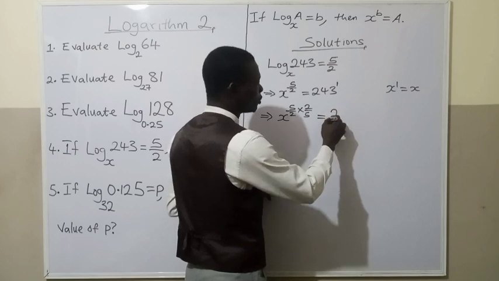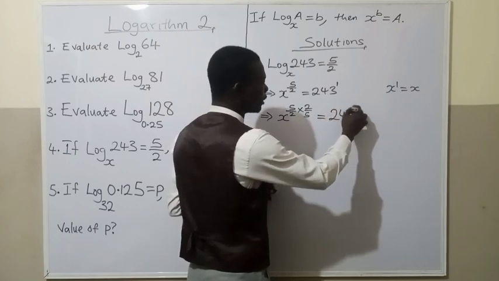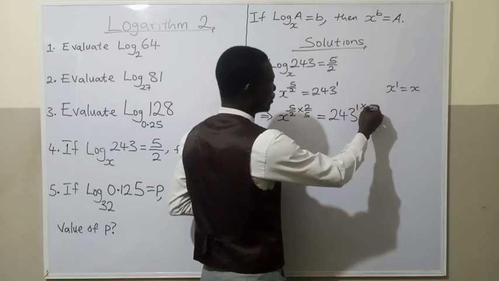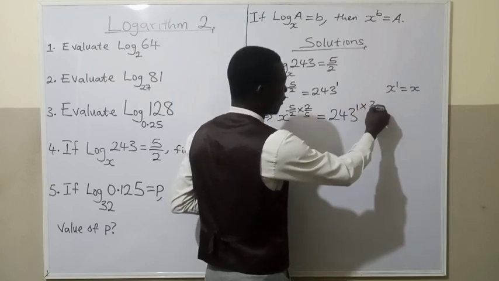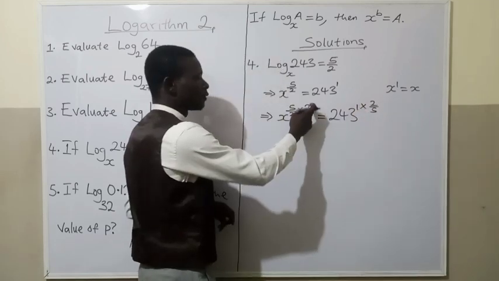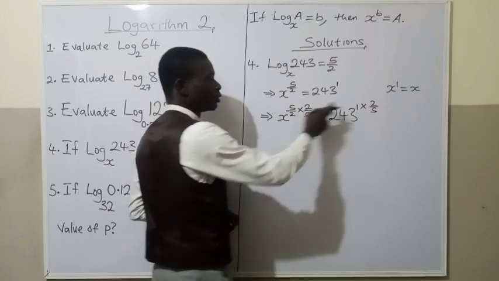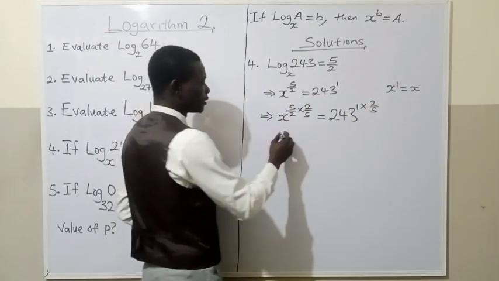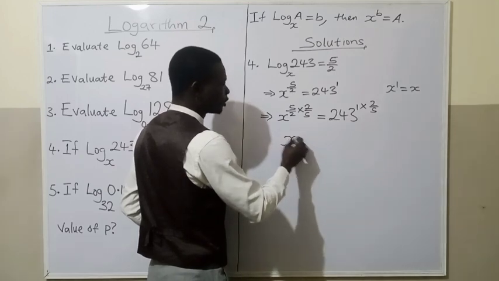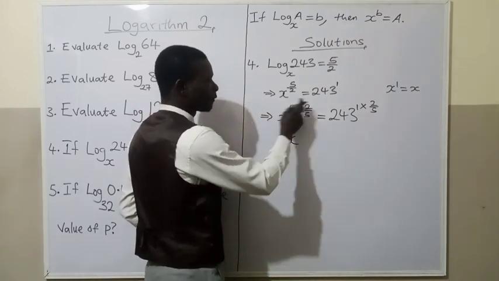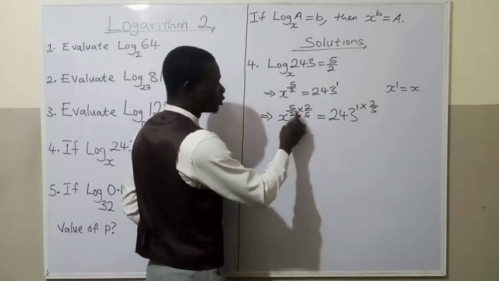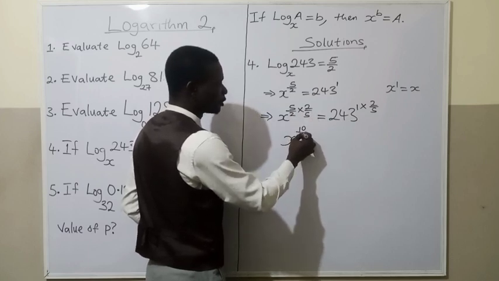So it becomes 243 also raised to power 1 as it was, now to be multiplied by 2 over 5. Because it is 2 over 5 that we use to multiply the power of this, so we use the same 2 over 5 to multiply the power of this. So what happens? This is now going to become x raised to power 5 times 2 is 10 over 2 times 5 is also 10.